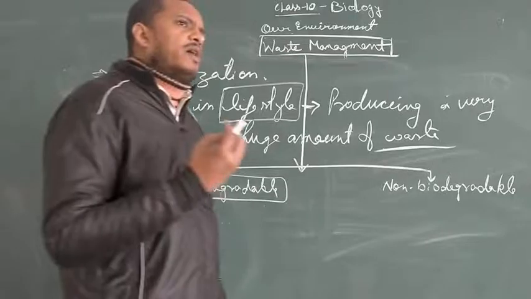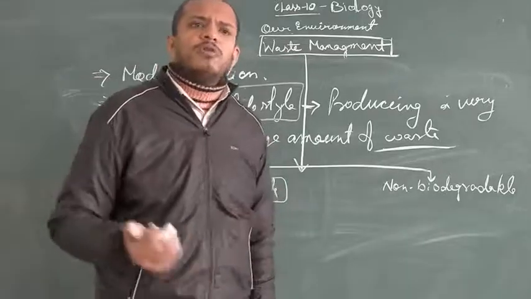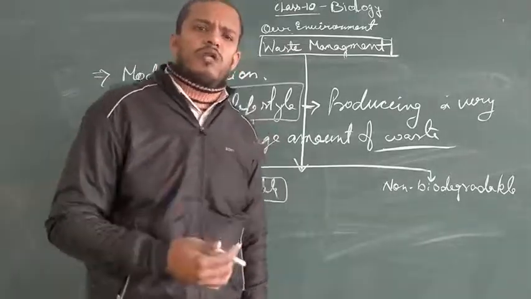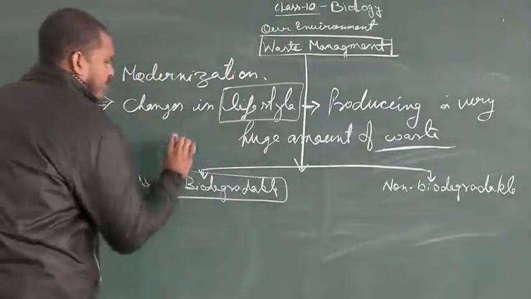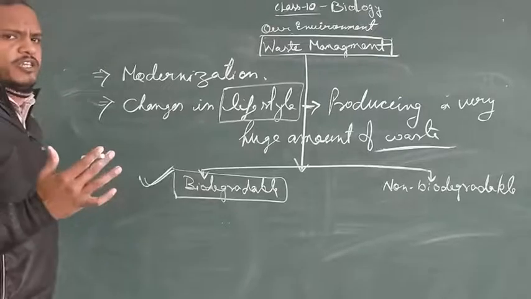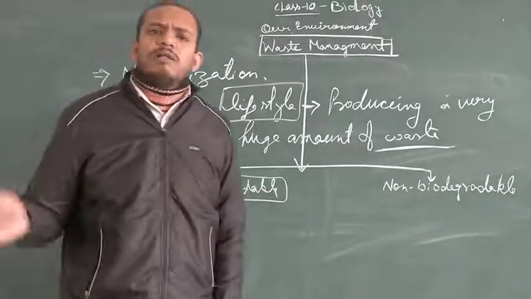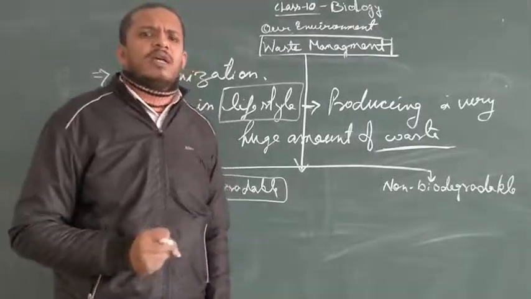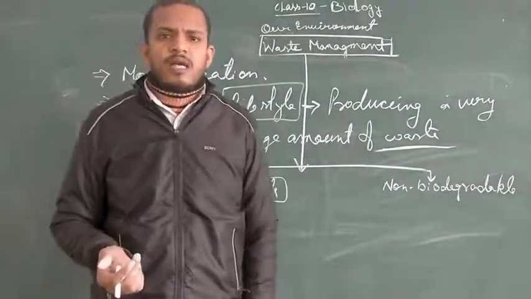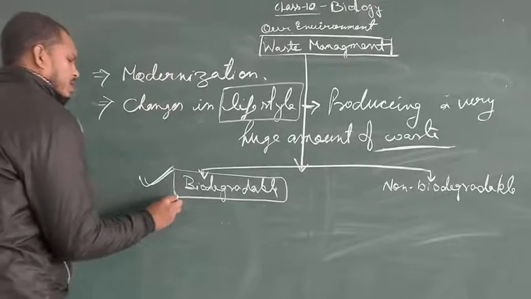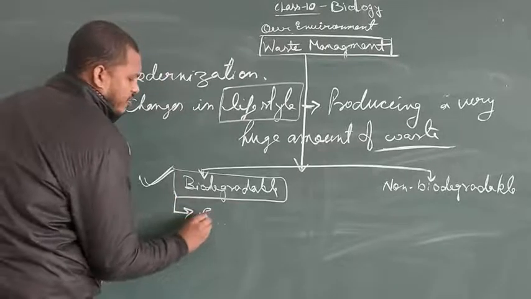They provide energy, and they increase the soil fertility and soil quality. So that is not a problem for us. They easily degrade with the help of decomposers, they enrich soil quality, and we can even use them for the production of energy.